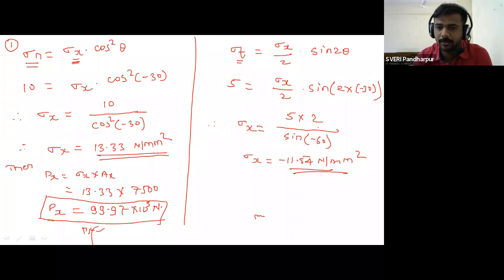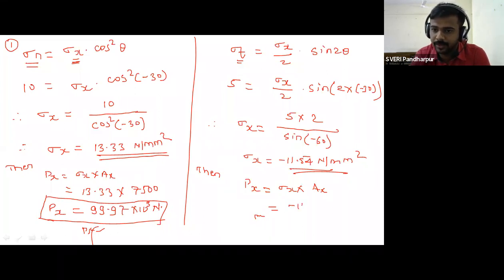And then one more by using the same procedure, that is Px is equal to sigma x into Ax. So minus 11.54 into 7500.